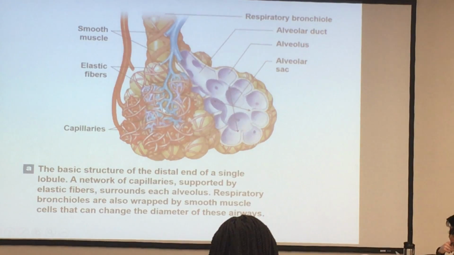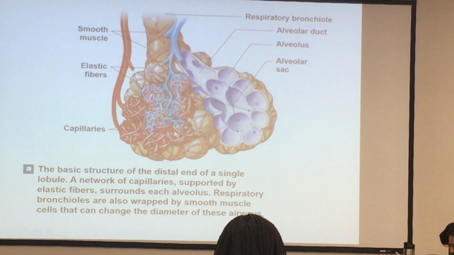Let me show you some slides. This one again: alveolar duct, single alveolus. And here is the alveolar sac. When we cut it, it looks like that. And outside we do have capillary. We put blue color and red color, but actually the real one is just blood vessel.